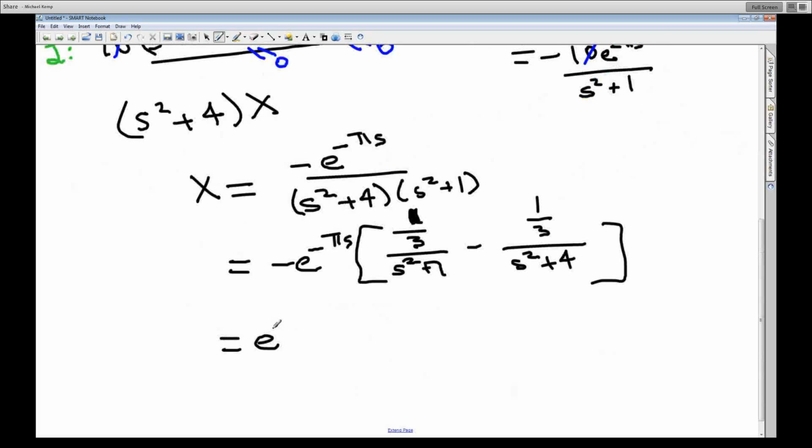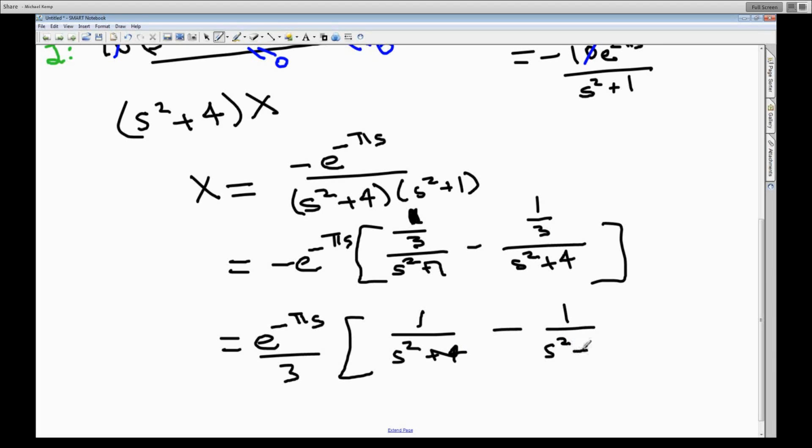So let's just clean it up. Let's put the third out, put the minus sign in. So now we've got to try to, the 1/3 constant we can worry about at the very end.